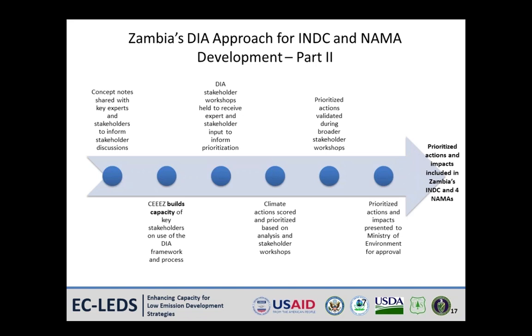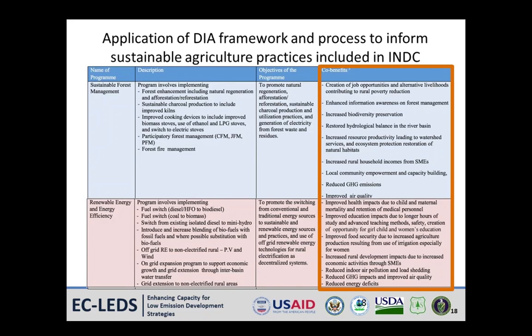So 3 programs were prepared for the Zambia INDC based on prioritization by the stakeholders, and these programs include sustainable forest management, sustainable agriculture, and renewable energy and energy efficiency.